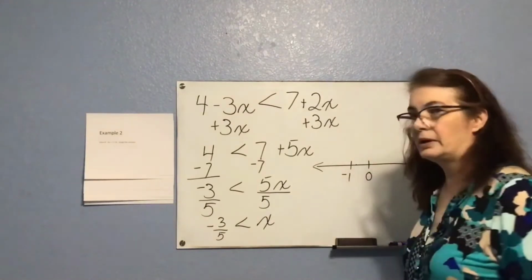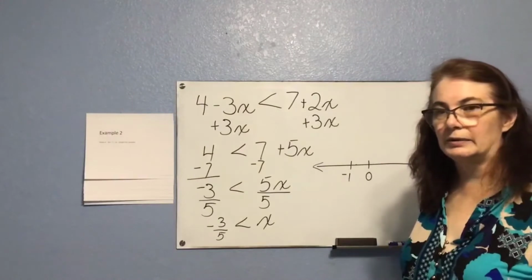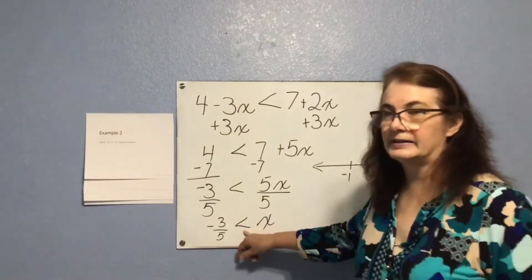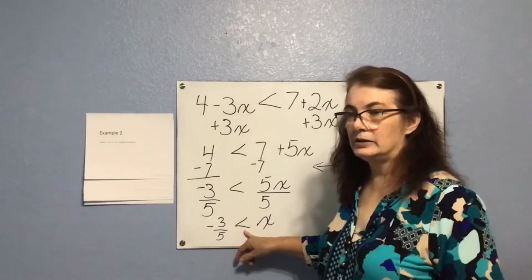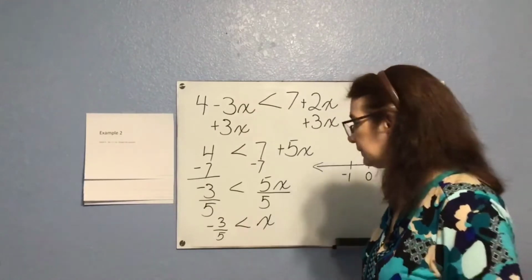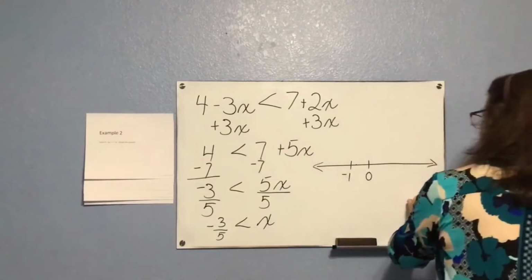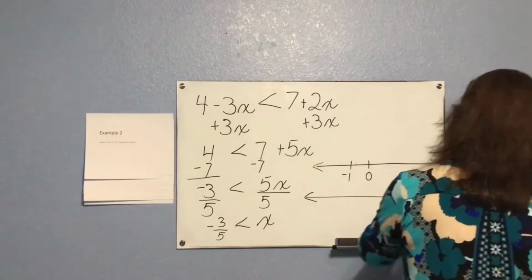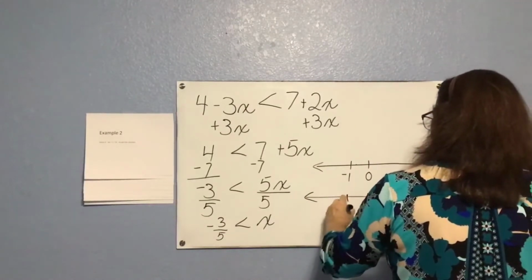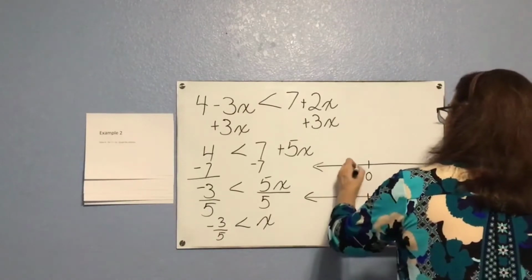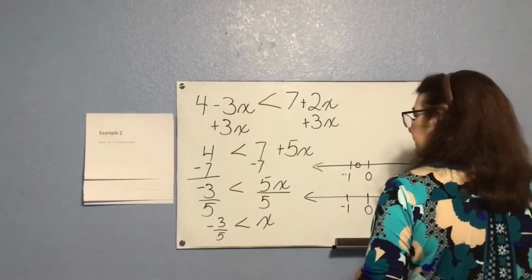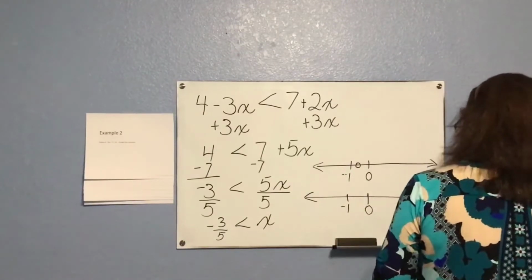Okay? Reviewing our rules for graphing on a number line, because this is less than and not less than or equal to, I can use either an open circle or parentheses. So I'll show you both ways. And you may use whichever one of these you prefer. If I use an open circle, I will put that right here at -3/5. X is bigger than that.